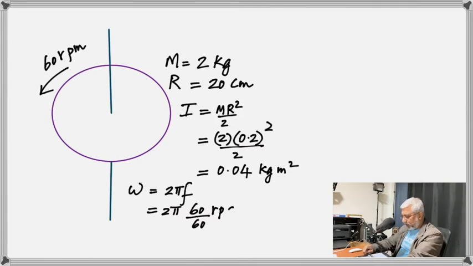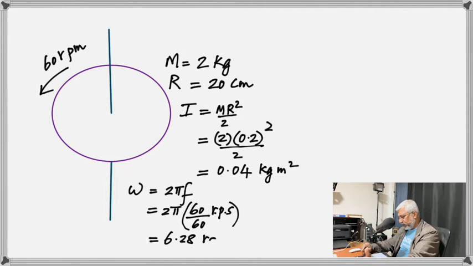And you get 2 pi times that. So you get the angular velocity or angular speed as 6.28 radians per second. Now, here you see that there is a lump of clay that's thrown at 10 centimeters away from the center.